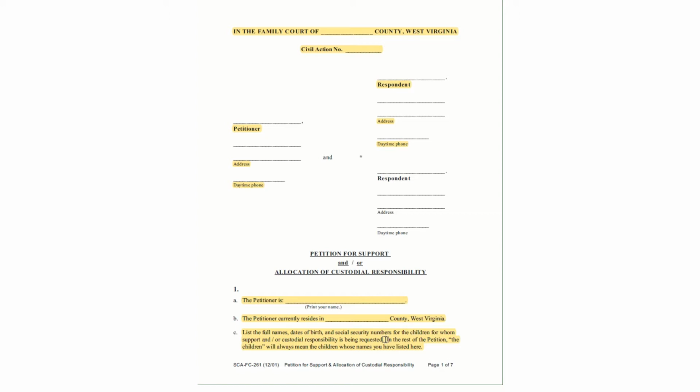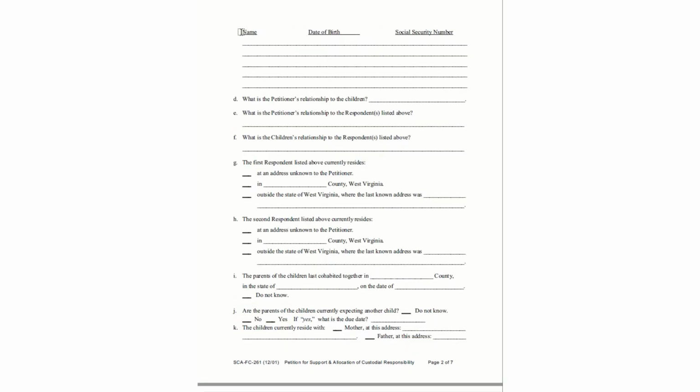If you have children with different parents and there aren't custody orders in those cases, then you'll need to file separate petitions for children that have different biological parents. At the top of the second page, you'll write the name, date of birth, and social security number for the children involved with this case.